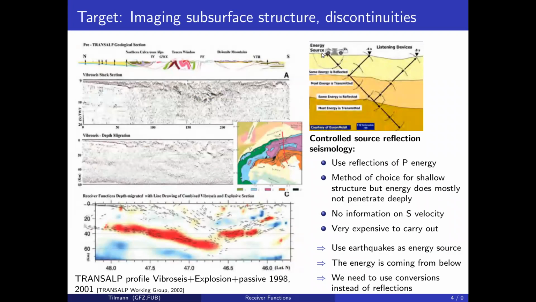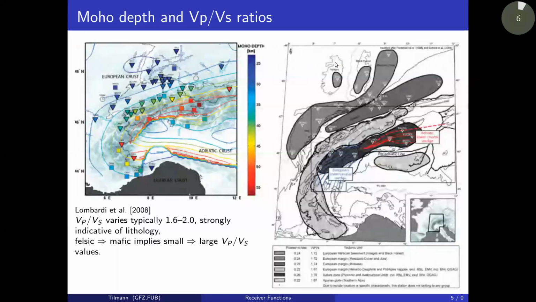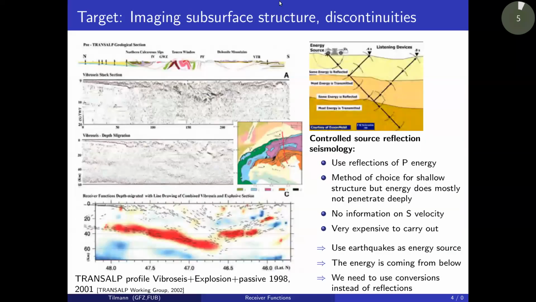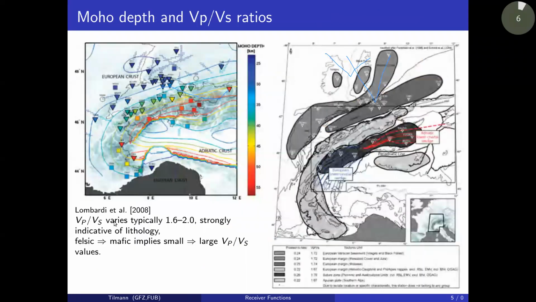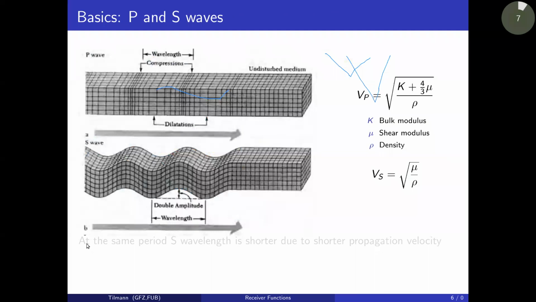So you remember in reflection seismology, I annotate, you have a wave that is generated and bounces off the interfaces, and it's recorded by a receiver. So then you can map the discontinuities. This is what receiver functions are really powerful for, mapping the discontinuities.